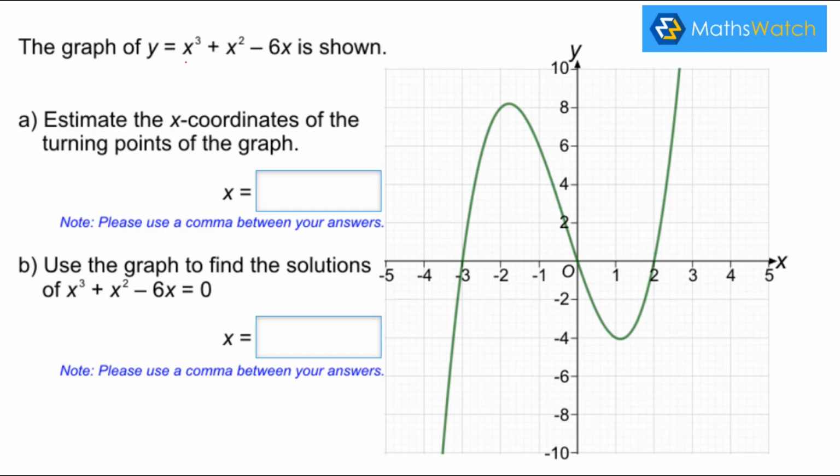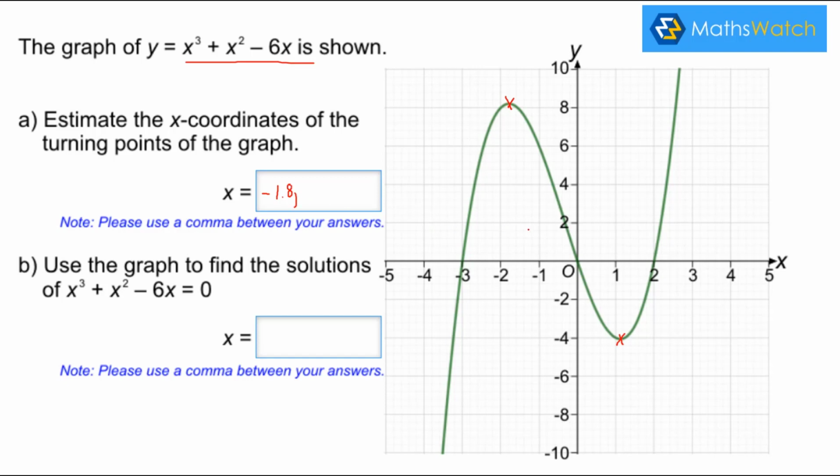So it says estimate the x coordinates of the turning points of the graph. And this is a graph here and it's shown. What are the turning points? Well, those are the same as the maximum or local maximum and minimum points. So what do you think that is? Just write that coordinate down. So I think each square is 0.2.